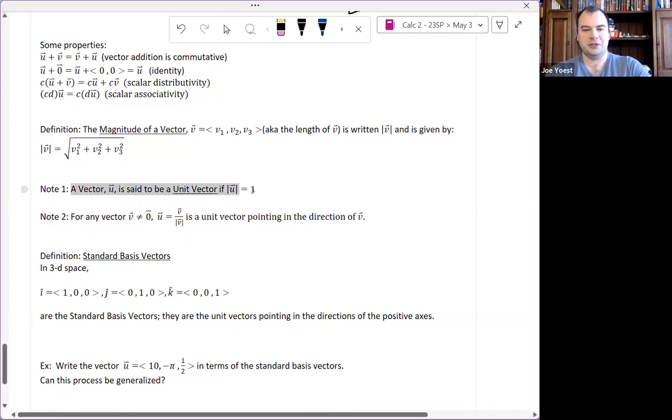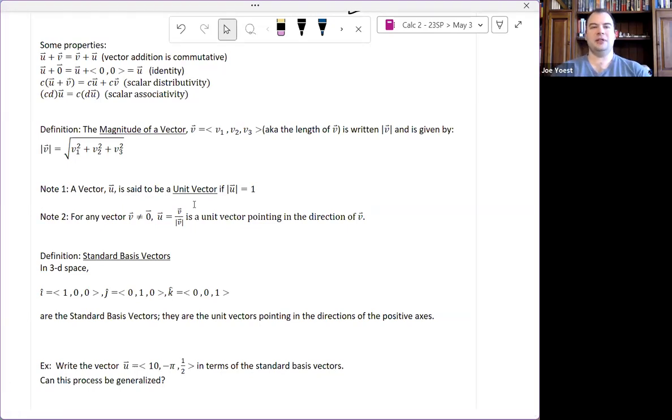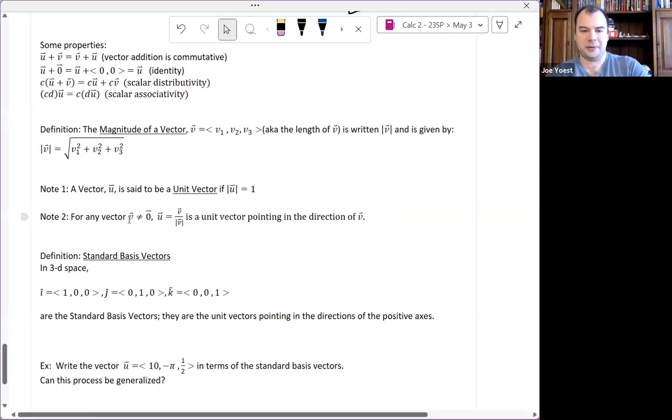We say that a vector is a unit vector if its length, its magnitude, is 1. Unit vectors are quite important for a lot of the things in Calc 3. So being able to create a vector that's in the same direction as the original one, but has length 1, is important.